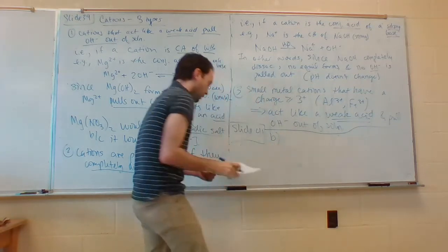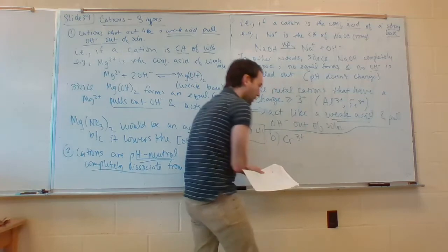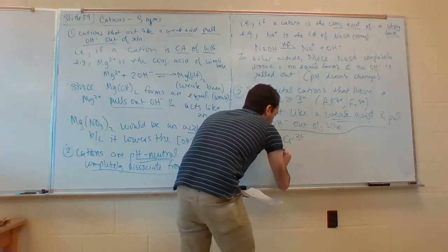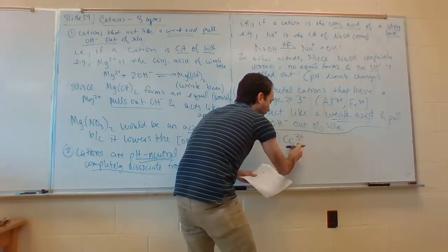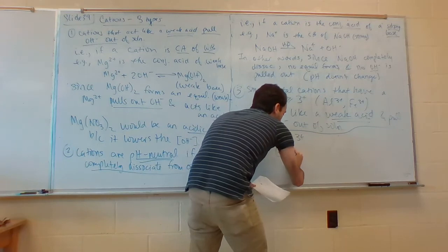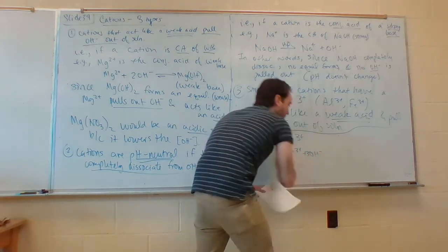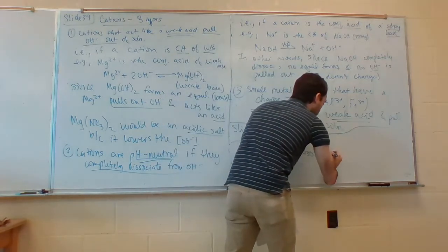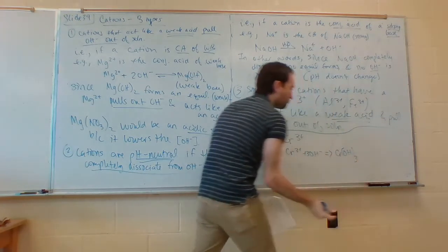Let's do letter B. That's going to be Cr3 plus. Okay, well, I have the cation. Let's do step 2, because we've already separated it into ions. Well, I've got my cation, and then I would say Cr3 plus plus my hydroxides. Okay, and you're going to add however many are on the charge. So that would mean you get Cr(OH)3.